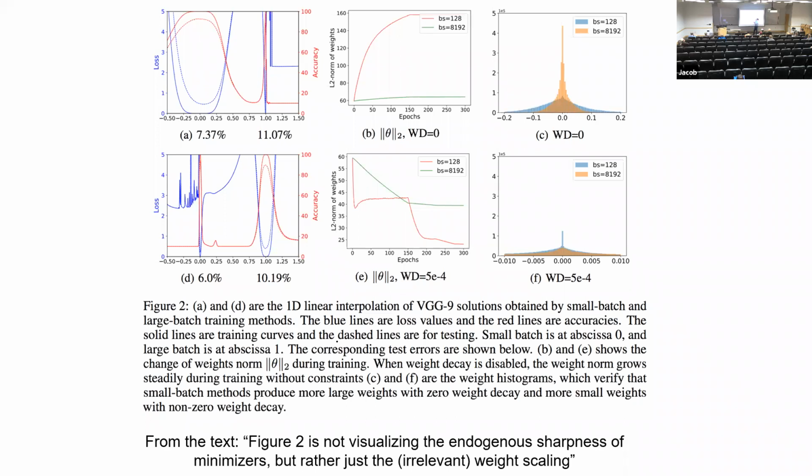I'll say that one more time. What they observed is that the flatness of minima correlated far more with the size of the weights than it correlated with generalization. And so when we didn't have regularization, we looked like we had a really flat minimum.